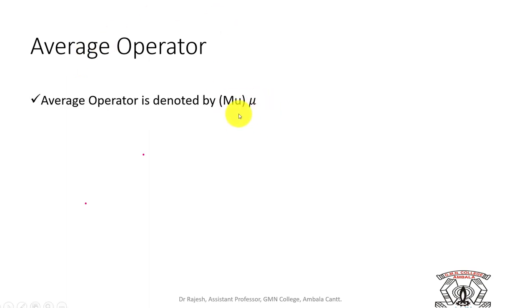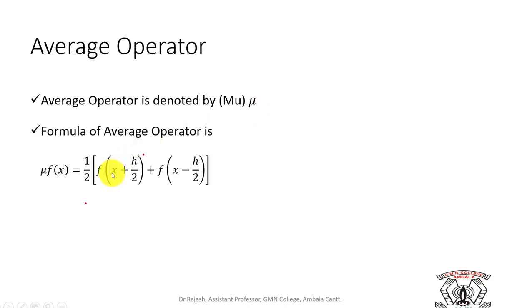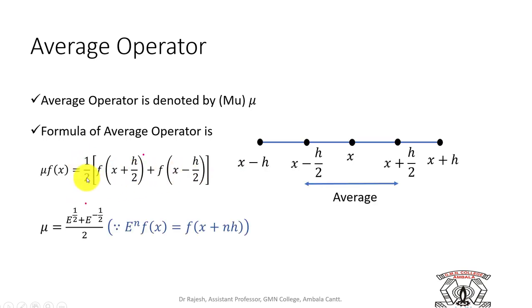The formula for average operator is given by mu f of x equals 1 by 2 times the sum of f of x plus h by 2 and f of x minus h by 2. Now once again this is in the center and the average of two numbers is taken, their sum divided by 2, and again in the shift operator notation this can be written something like that.